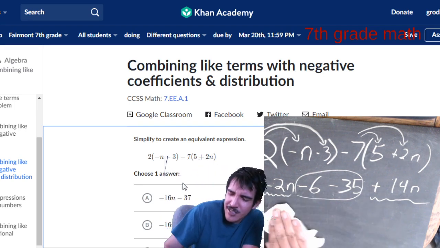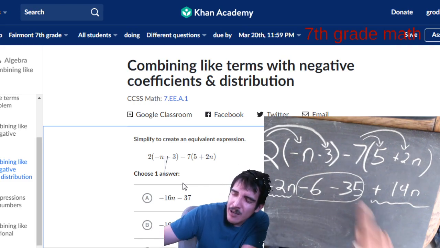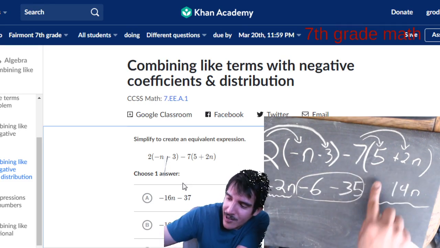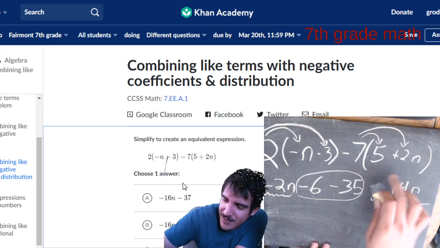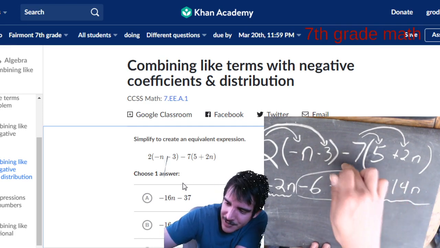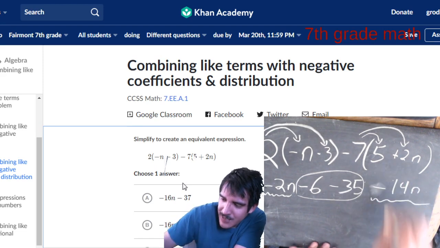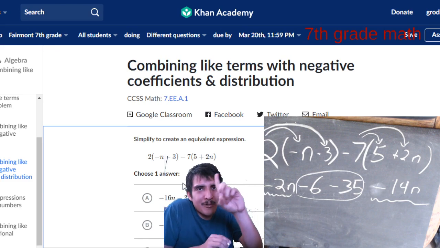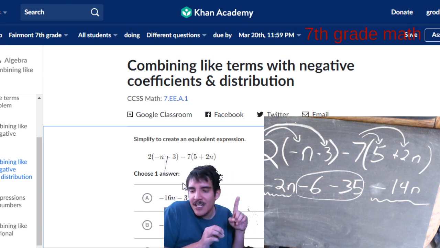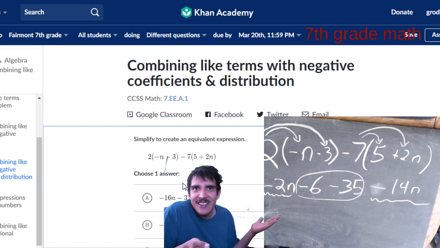It's alright, though. I can fix it quick. So check this out. When I did negative 7 times 2n, I don't know why I did plus. I guess I could do plus negative 14n, but negative 7 times 2n is going to be minus 14n. My mistake, guys. Again, I'm allowed to make one mistake in the class. Good thing there's multiple choice, otherwise I would not have caught that.